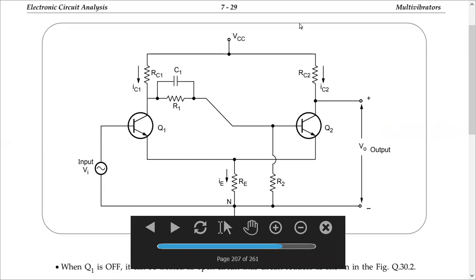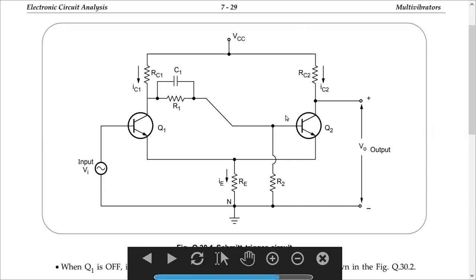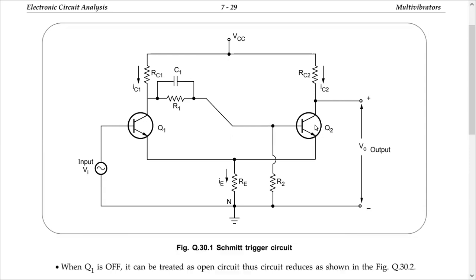Hence Q2 will remain in the on condition, because it is an NPN transistor: a positive voltage is connected towards the P region, so the transistor Q2 will be on.